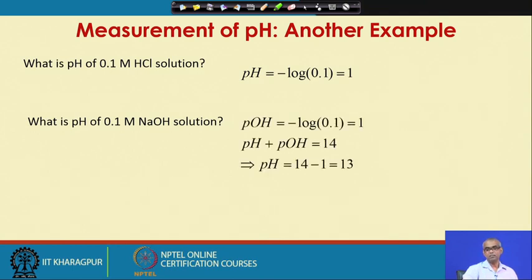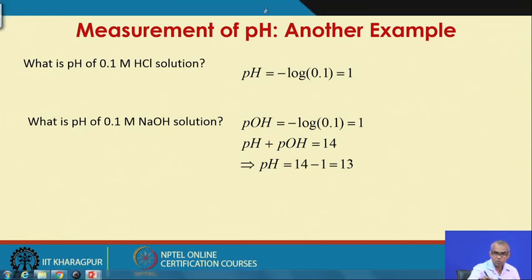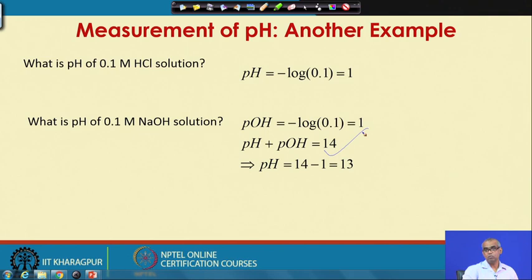So, pOH is minus log 0.1 is 1, but we know that pH plus pOH equal to 14, that means the product of hydrogen ion concentration and hydroxyl ion concentration is 10 to the power minus 14. So, this relation must hold true. So, if I know pOH equal to 1, I know pH equal to 13.